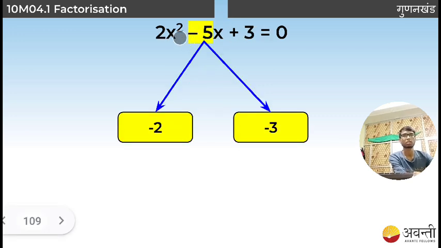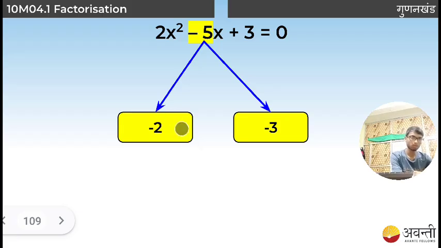Same here: 2 times 3 is 6, it is becoming 6, but the sum should be how much? Minus 5. The product is 6, but the sum is minus 5. This is known as the splitting method.